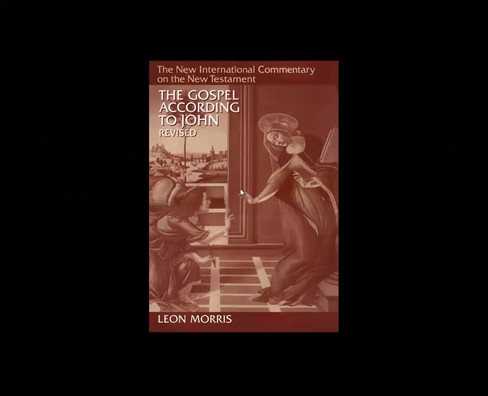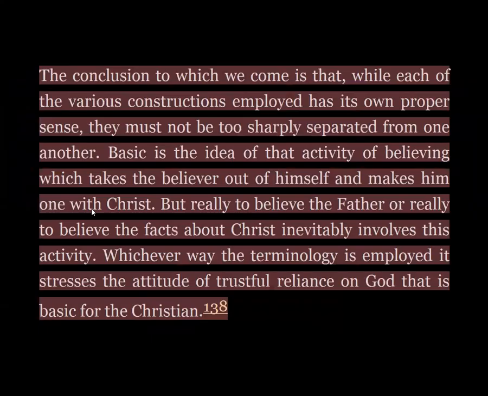And so Leon Morris, who's not Free Grace, says this in his commentary. The conclusion to which we come is that while each of the various constructions employed has its own proper sense, they must not be too sharply separated from one another. Basic is the idea of the activity of believing, which takes the believer out of himself and makes him one with Christ.